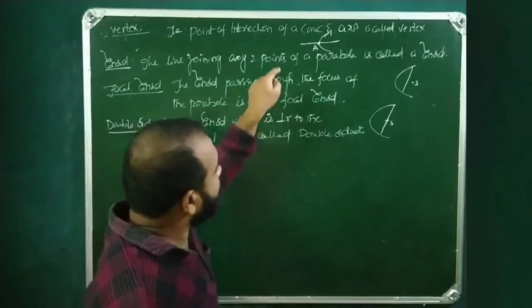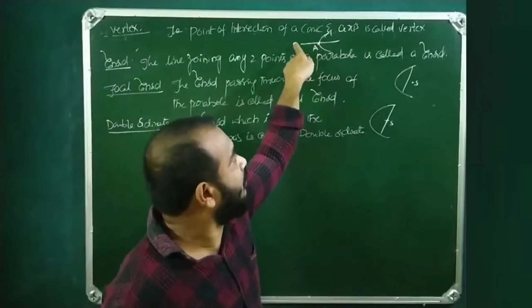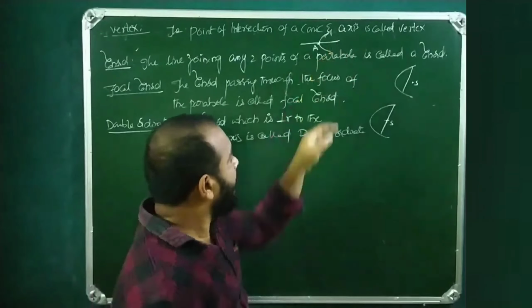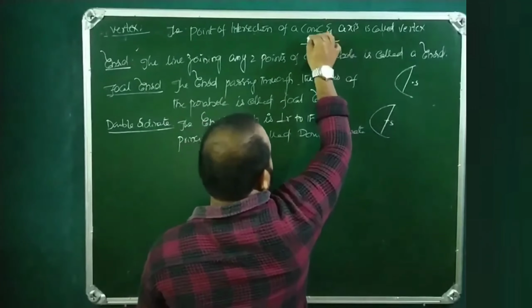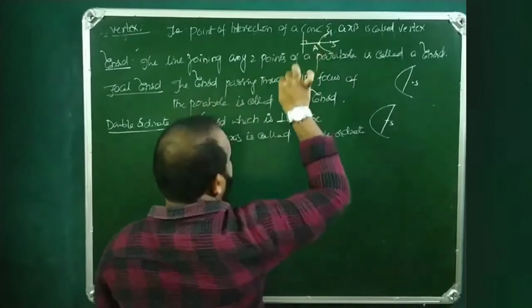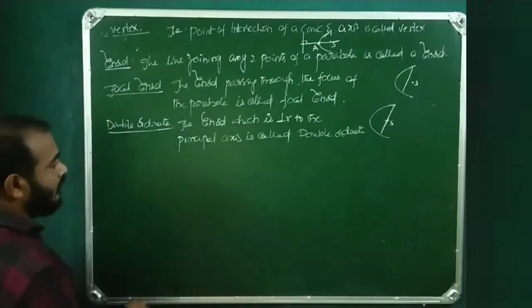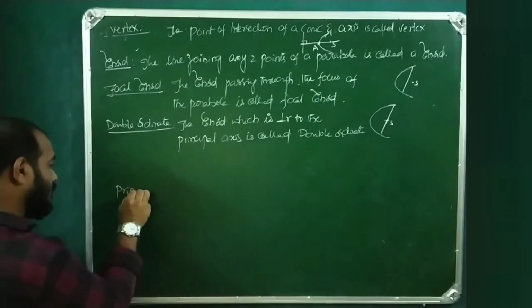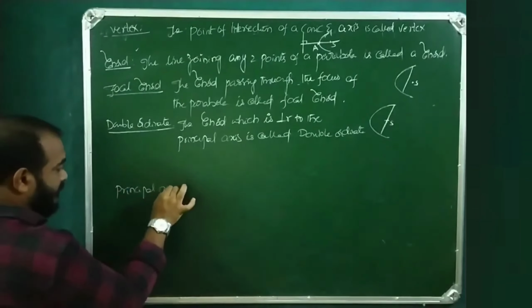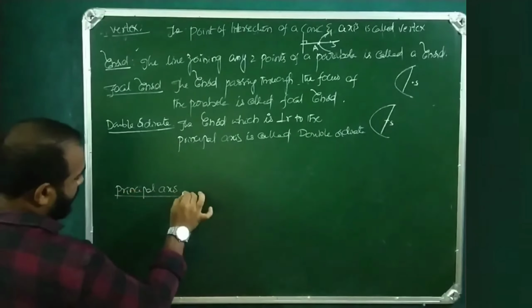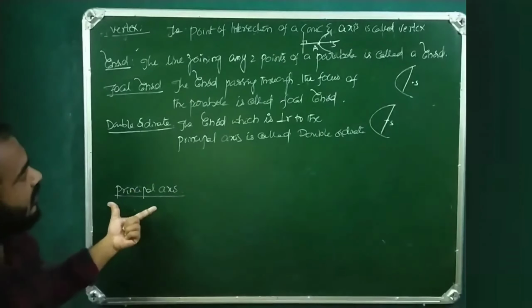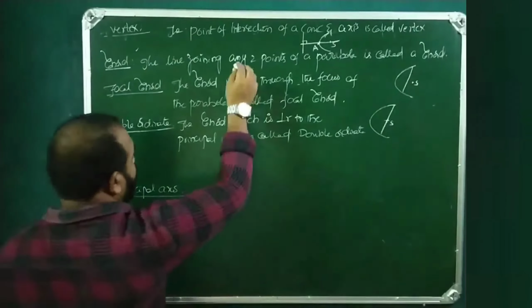Now, what is the principal axis? The principal axis is a straight line passing through the focus and perpendicular to the fixed line. We should have written it earlier, but no problem.